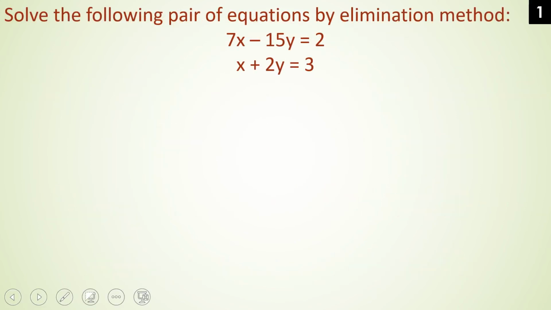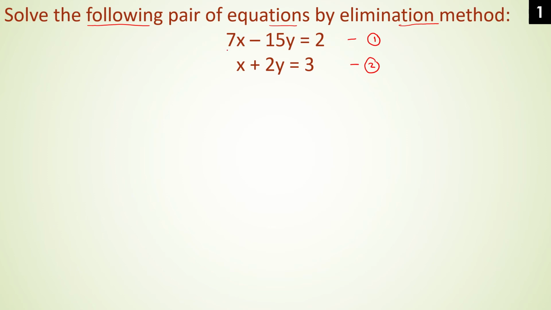Let us see, a problem is given to us. We have to solve the following pair of equations by elimination method. Let us mention that this is the first and this is the second equation. Now observe the coefficient of each variable over here.